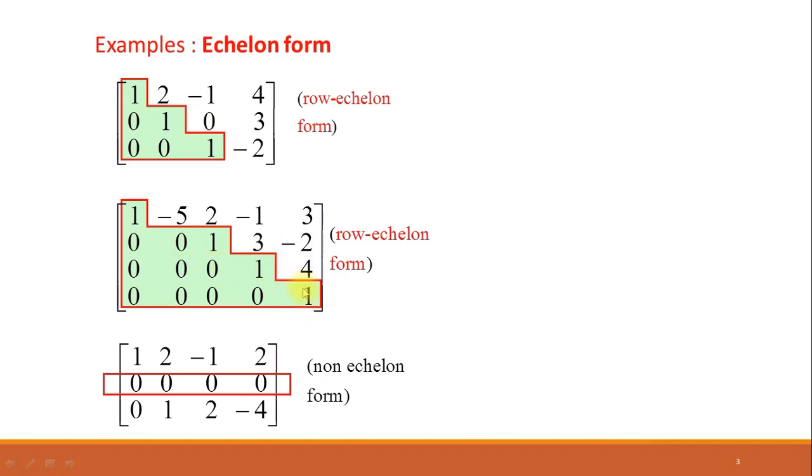Similarly, this is the first non-zero entry of this row, and there are 4 zeros before it. So this matrix is in row echelon form because the number of zeros before the non-zero entries increases row by row, and this matrix is not in row echelon form.